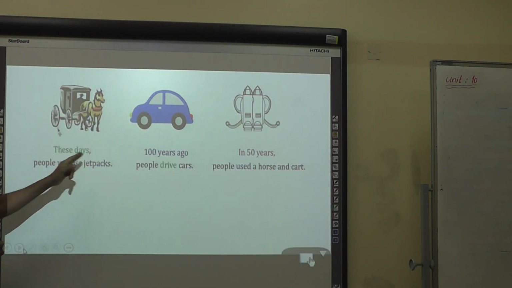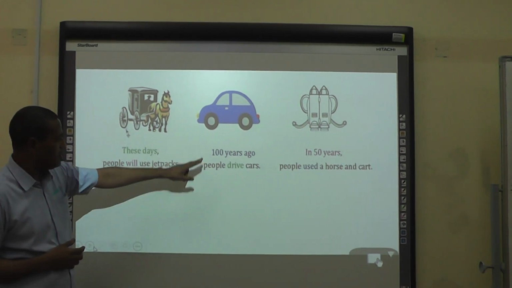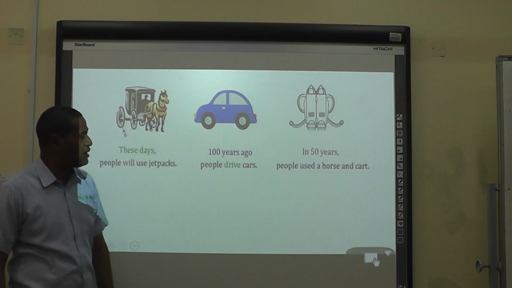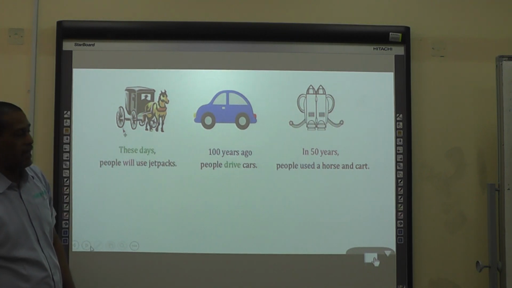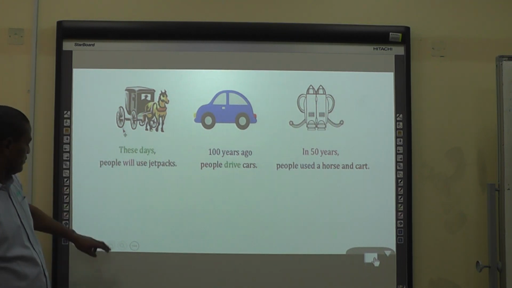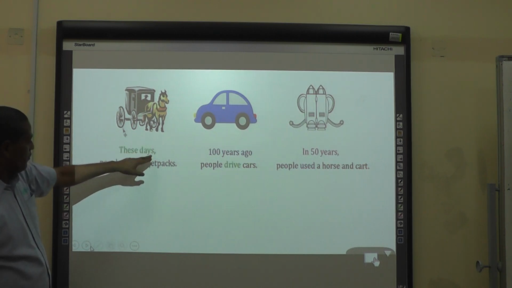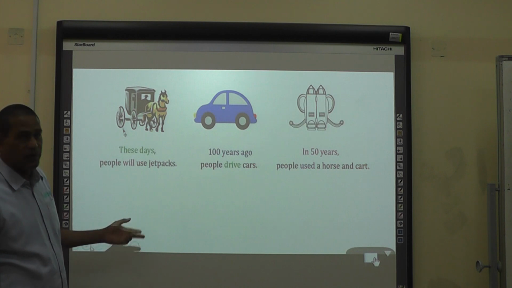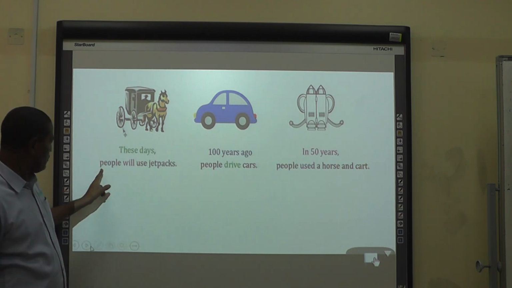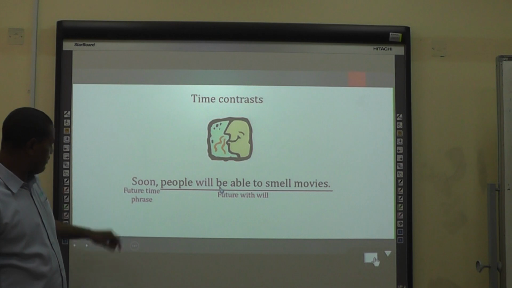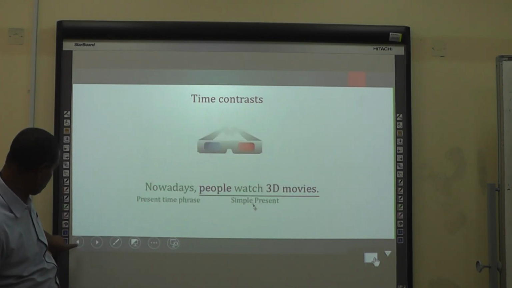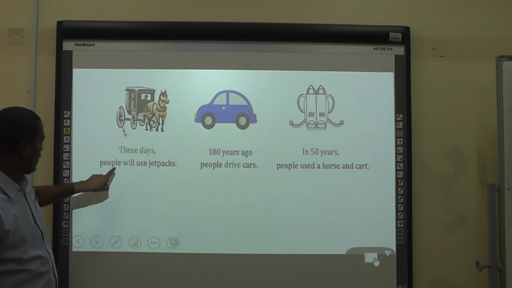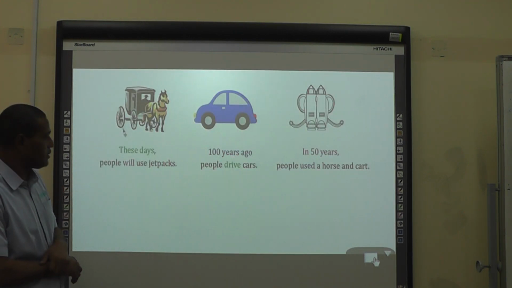These days, people will use jet packs. 100 years ago, people drive cars. In 50 years, people use a horse and cart. If you look here, these days, this is a present time phrase. But here, we have a future tense.